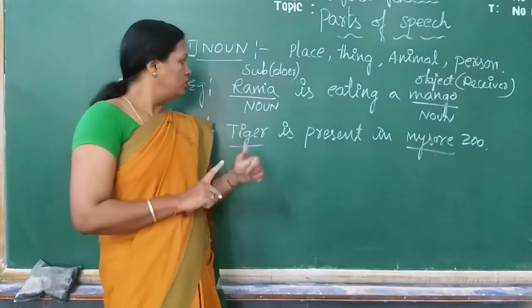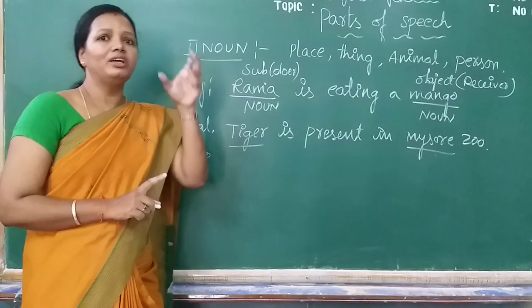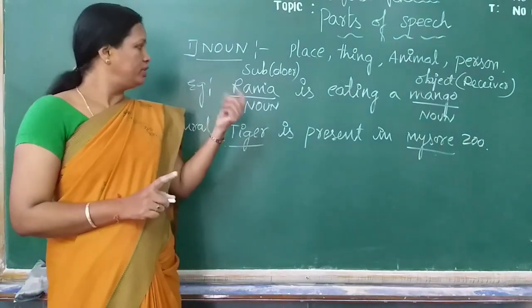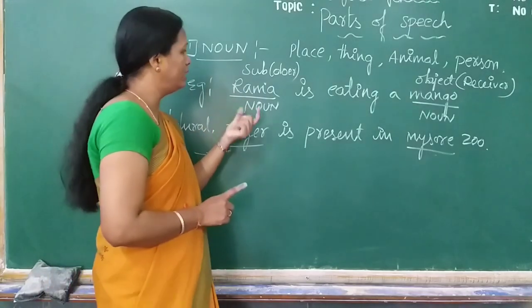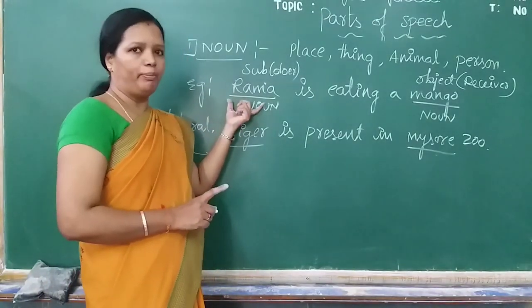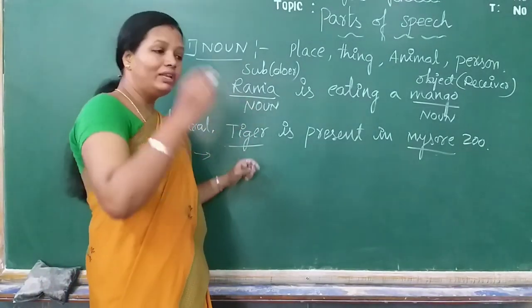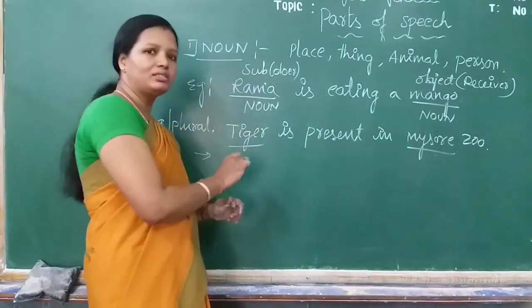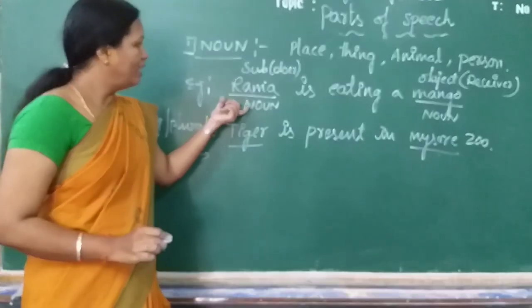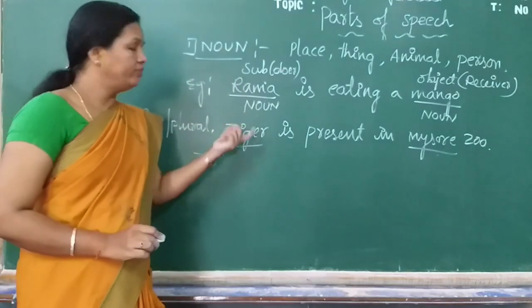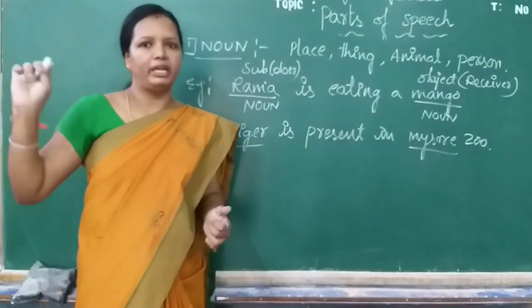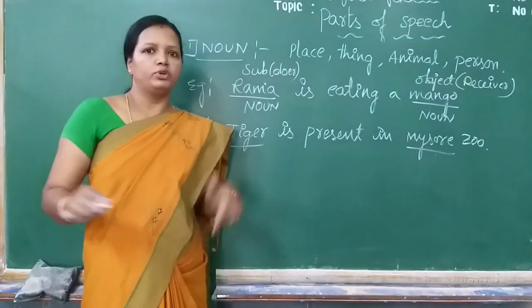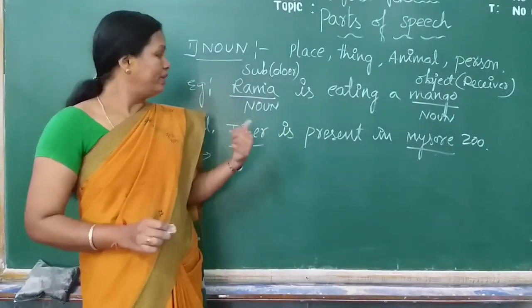So the proper noun is the particular name which is given to a particular person. Here I told an example. If I come into this example only, Rama is the proper noun. So we will come to know which particular person that is, right? So from that we will identify that particular person. So for example, Narendra Modi is the Prime Minister of India. So Narendra Modi is the proper noun.